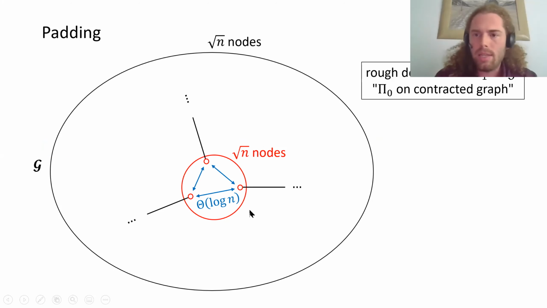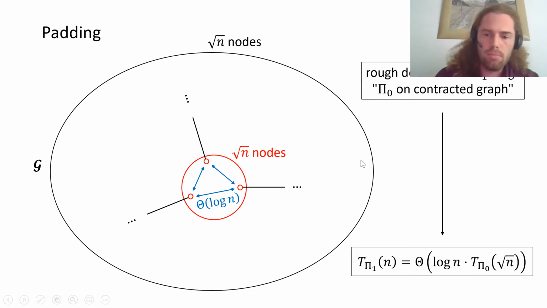And then the idea is on these graphs to define our new problem pi1 in a way that is equivalent to solving pi0 on the contracted graph, which will then lead to the observation that the complexity of pi1 on these graphs is just the complexity of pi0 on the initial root n node graphs times the log n factor overhead, because each time we want to put communication through a node, we have to spend theta of log n rounds of communication.